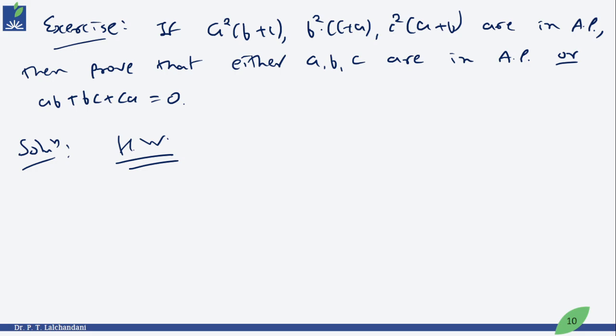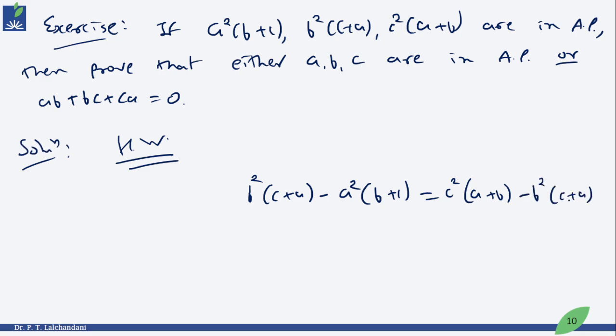That means the difference between the second term and first term will be the same as the difference between the third term and second term. So you have to use it like this: b square into c plus a minus a square into b plus c is equal to c square into a plus b minus b square into c plus a.